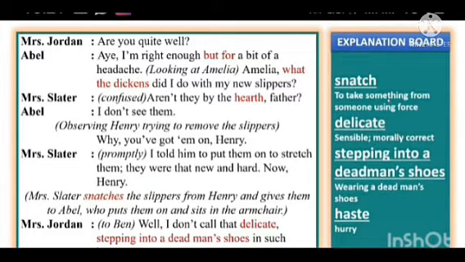Mrs. Jordan to Ben: Well, I don't call that delicate. It is stepping into a dead man's shoes in such a haste.